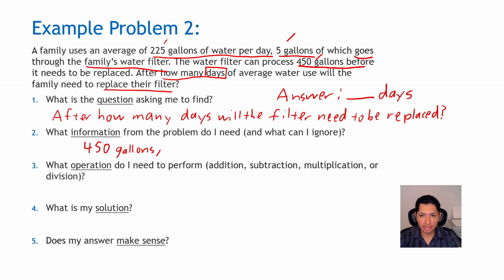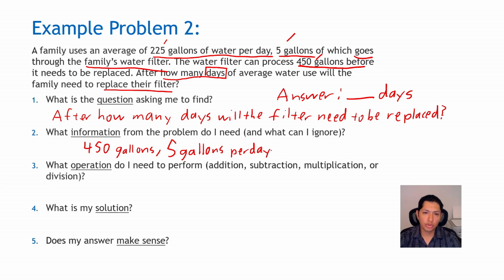Even though it doesn't say 5 gallons goes through the family's water filter per day, I know that because it told me the total amount of water that they use, 225 gallons of water per day, and then it tells me 5 of those gallons goes to the family's water filter. So the information that I need here is the information related to the filter, and that is the 5 gallons per day.